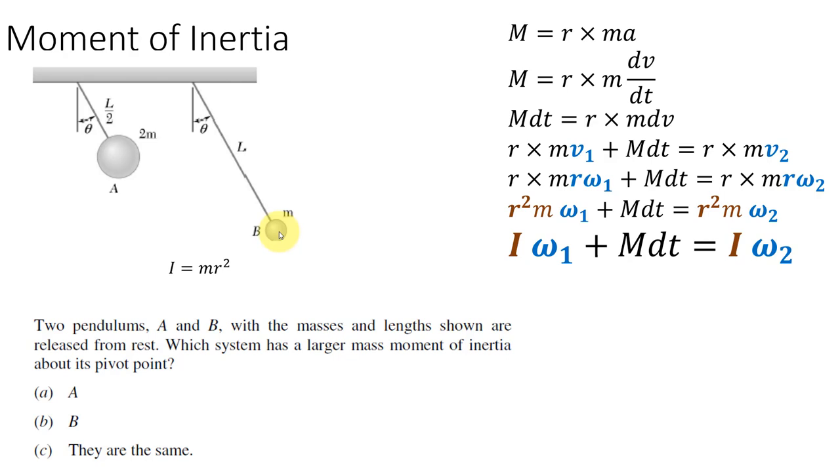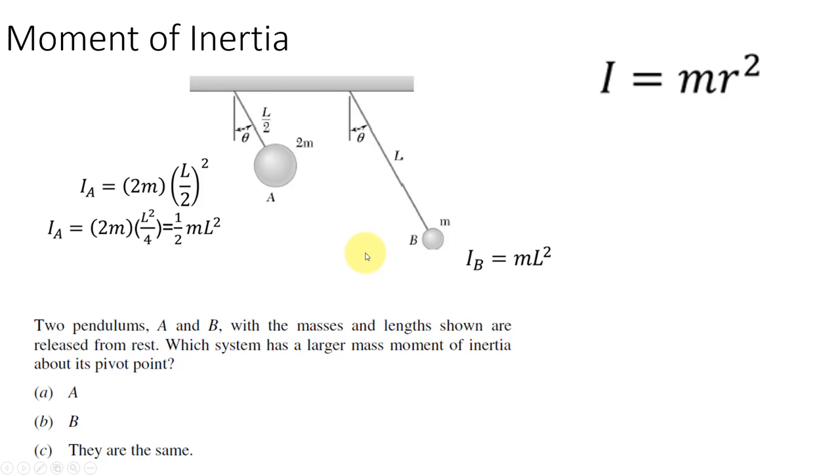Or for civil engineering, maybe you want something that is stable. It's not going to fall over. Tipping over is rotational motion. You want it to be hard to rotate. And it's much more dependent on radius, on how far away that mass is from the axis of rotation, than on the mass itself. So that's something to very much remember for the moment of inertia.